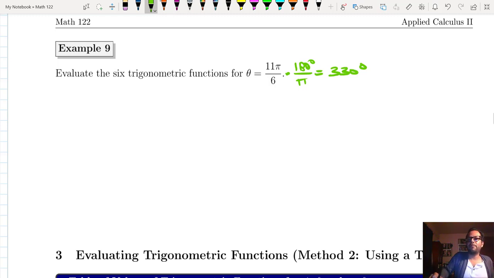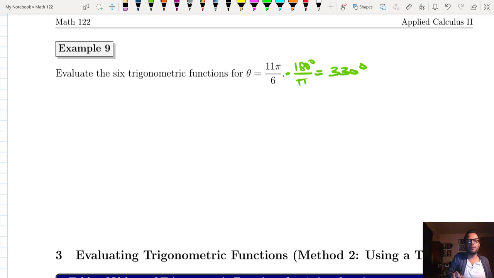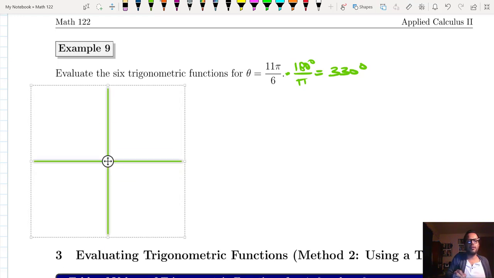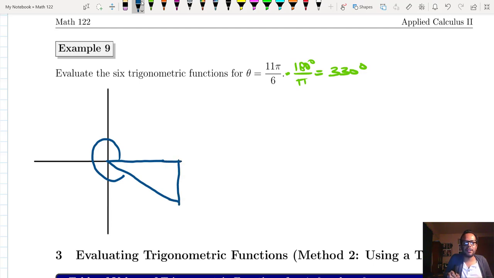All right. How far does this angle go? Okay, this is the 0, right? And we are going to rotate counterclockwise all the way to 330 degrees, right?